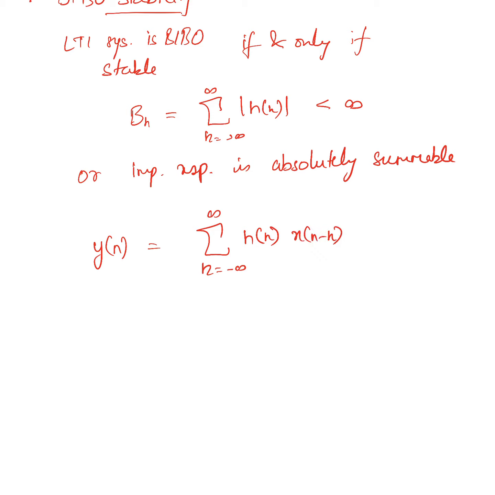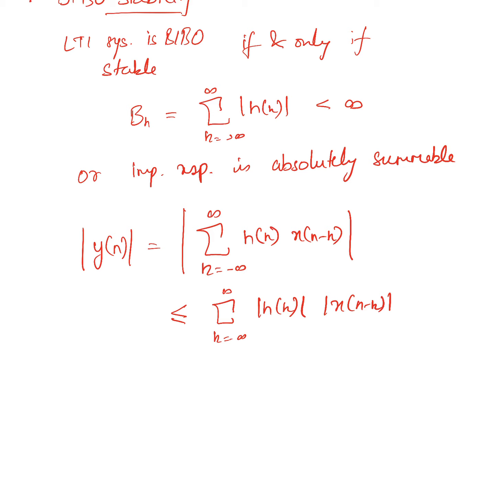Now taking the modulus on both sides, the right hand side would be less than or equal to the sum of the individual moduli of the terms, which is mod of h of k and mod of x of n minus k.